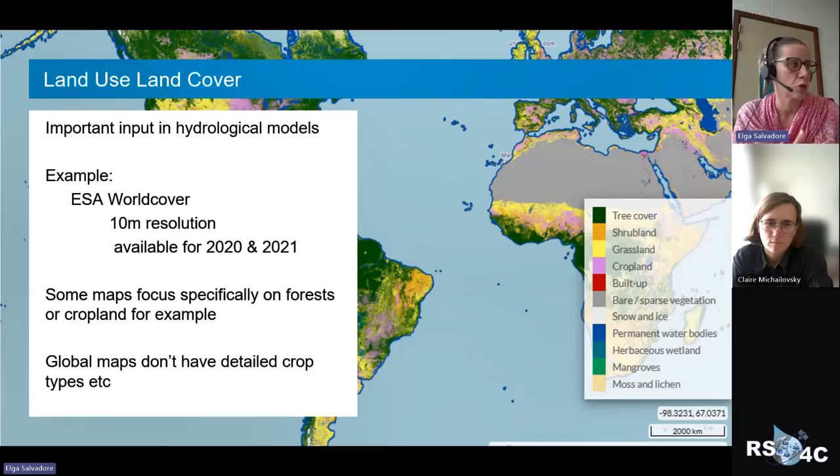So for the years 2020, 2021, you have maps available at 10-meter resolution. As you see, they have only a limited number of classes. And if you want more information or you want to differentiate between different crop types, then you probably have to do some classification yourself using Sentinel or Landsat data.